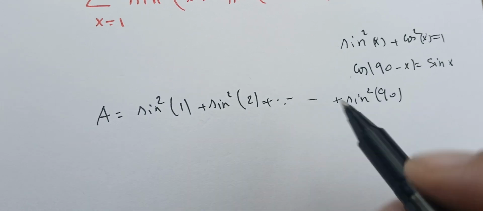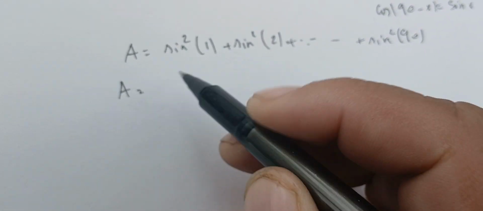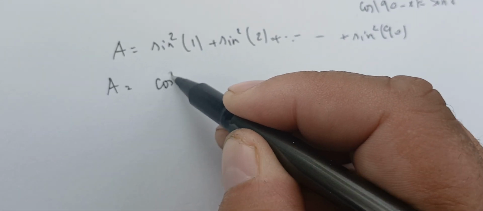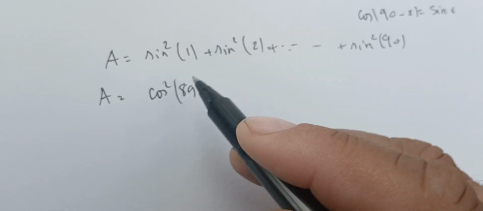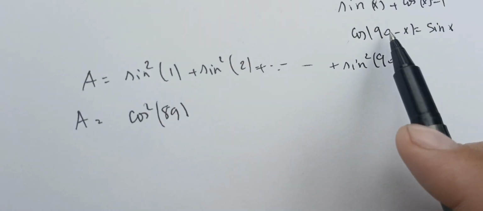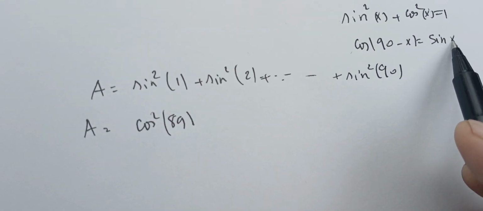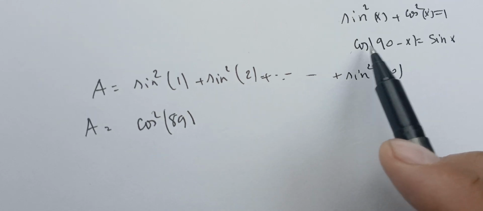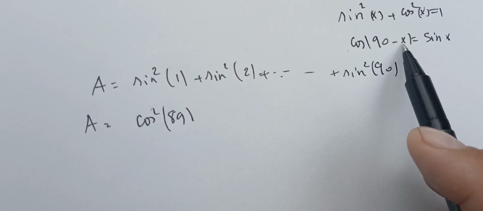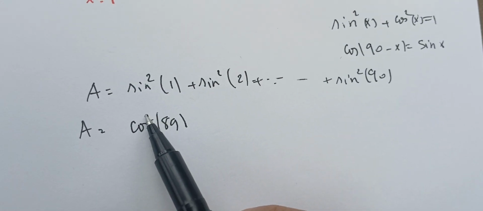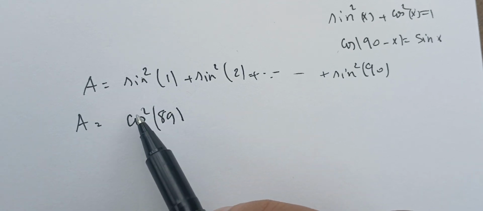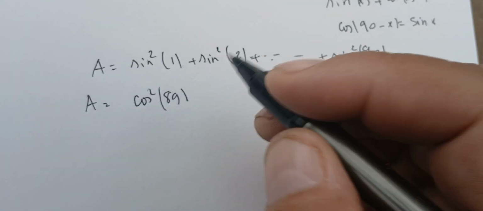So I can write this term as cosine squared of 89. I get the 89 from 90 minus x, where x is 1. And since the sine is squared, I have to square the cosine as well.